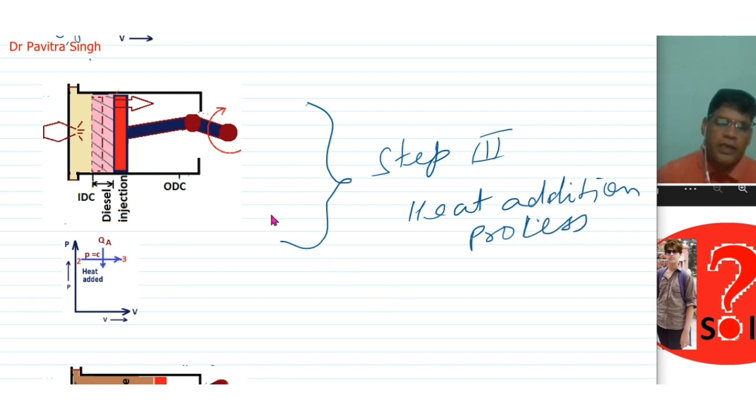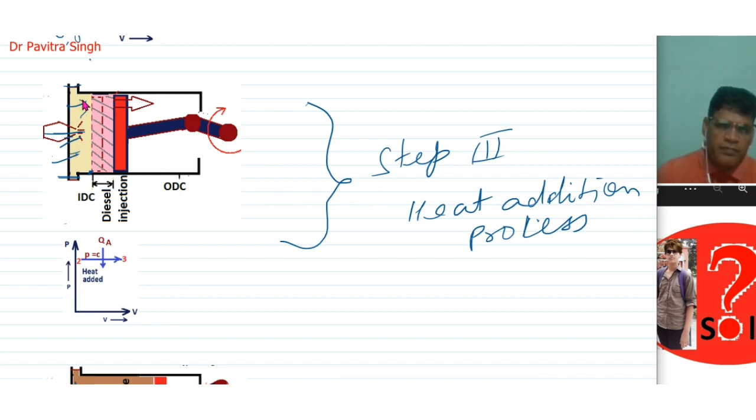Okay, so actually this piston was at IDC position when the compression stroke was completed. So now the outlet valve and inlet valve, both valves are closed and the air is already compressed in this combustion chamber, and now we are injecting the fuel by using an injector.